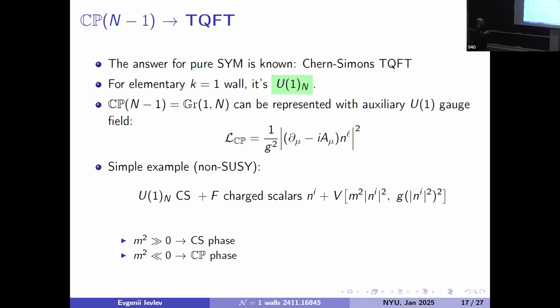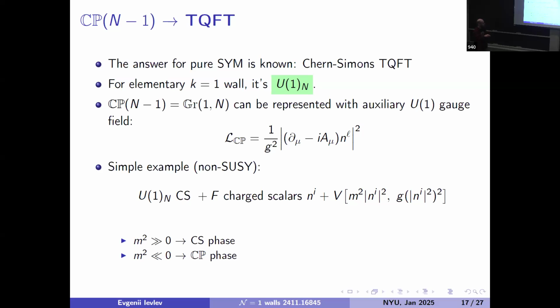But you can also write the CP^1 sigma model Lagrangian in this quadratic form with the auxiliary U(1) gauge field. So this can be written down for the CP^1 sigma model, and then you can study this theory as U(1) Chern-Simons theory plus some number of scalars charged under this U(1) with some potential.